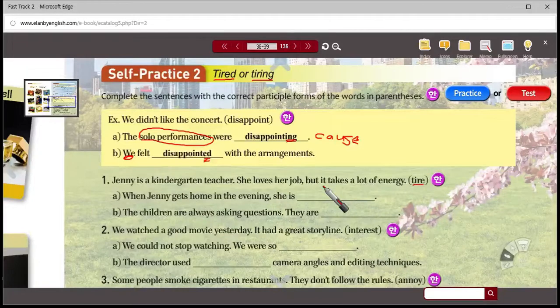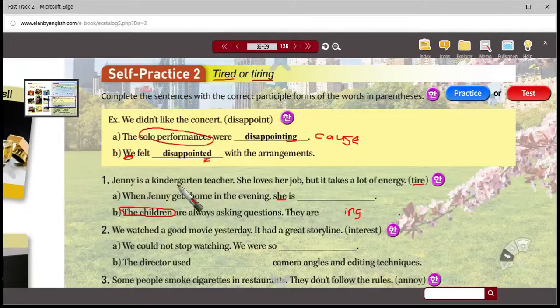She uses a lot of energy. So therefore, when Jenny gets home in the evening, she is tired or tiring. Okay, so what's the cause of the tire? It's the children. Okay, the children are always asking questions. Okay, so the answer for number 1, B, is tiring. Okay, good.